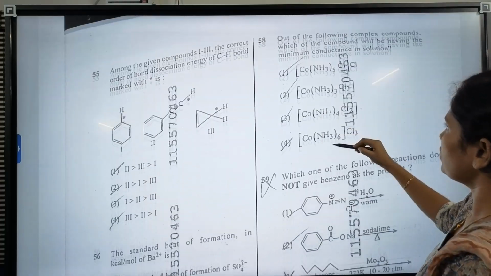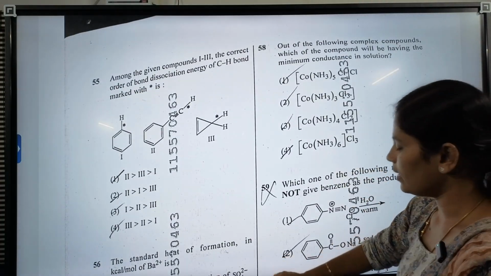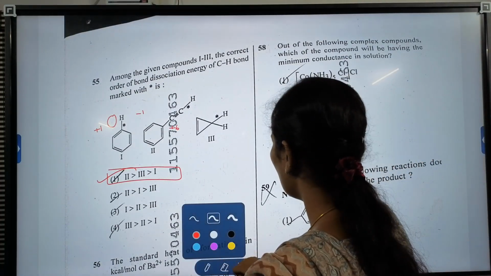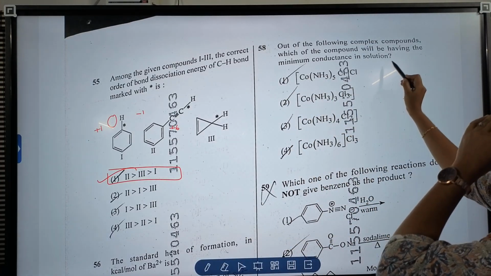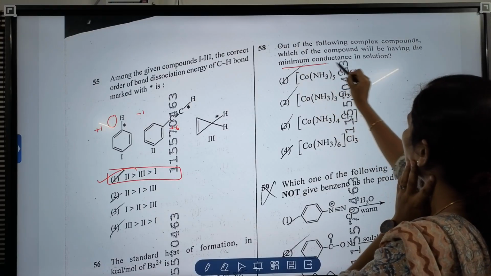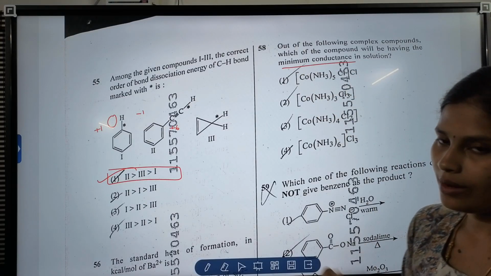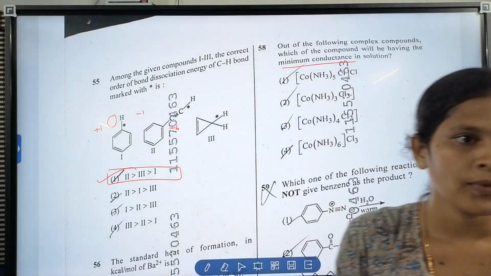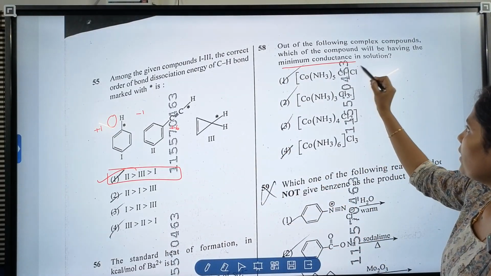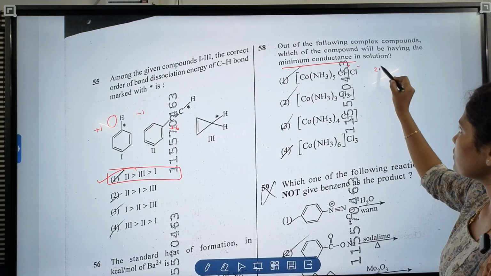Look at question number 58. Out of the following compounds, which compound will have the minimum conductance? Usually we check the number of ions. Where the number of ions is maximum, the conductance will be more. Here it is having two ions.